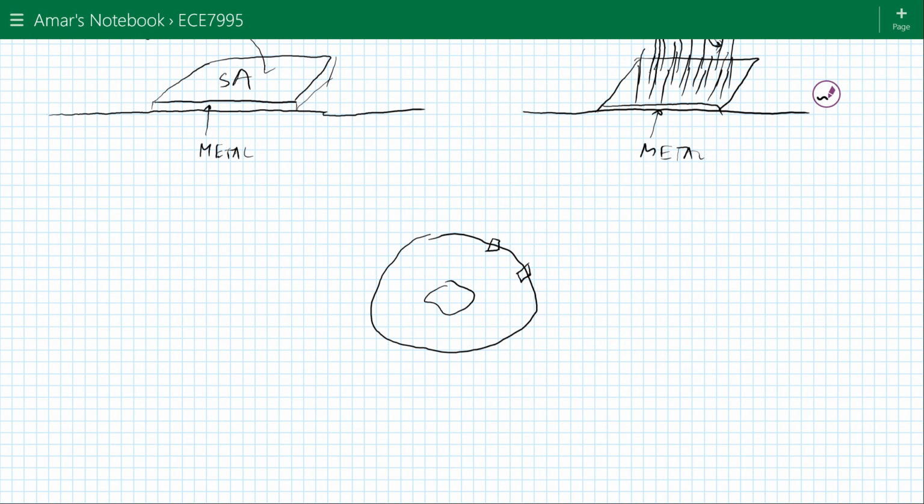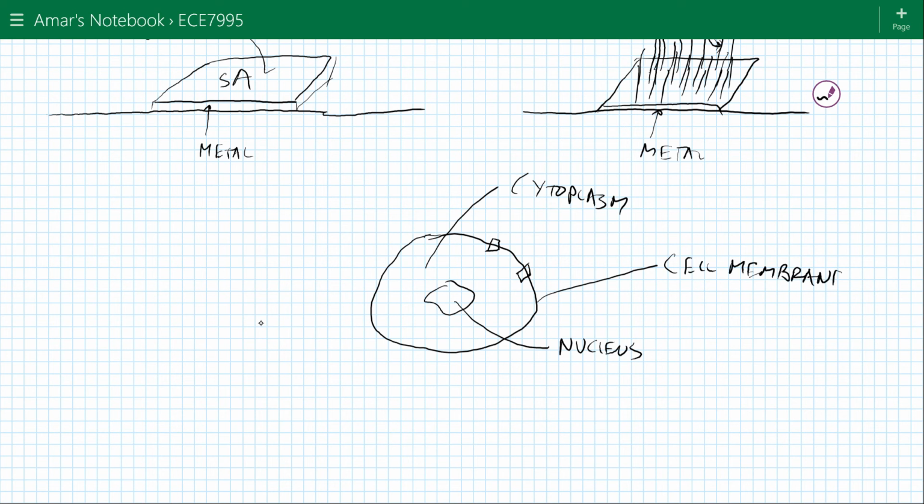So this here is the nucleus of the cell. This is where all the DNA is kept. This part is called the cytoplasm. And the boundary of the cell is called the cell membrane. And these things here are called membrane proteins.